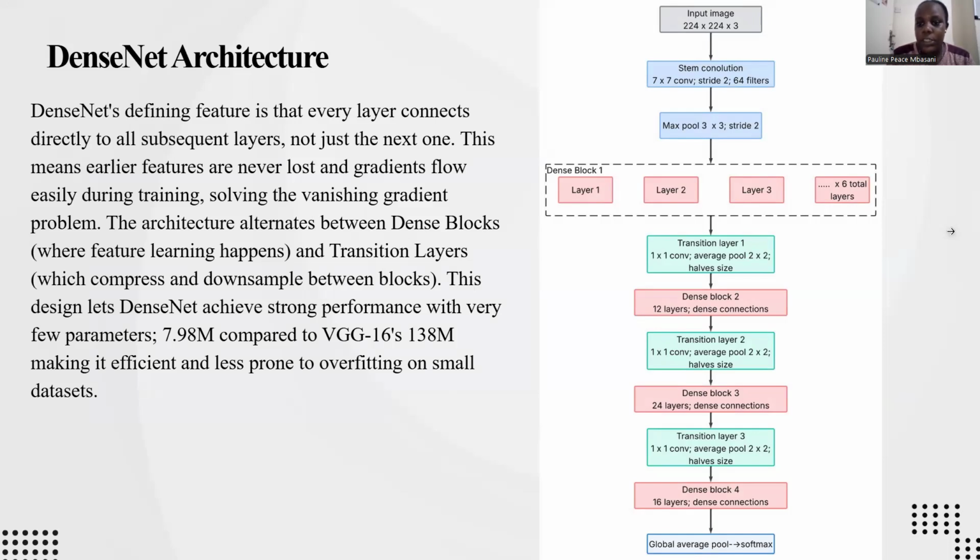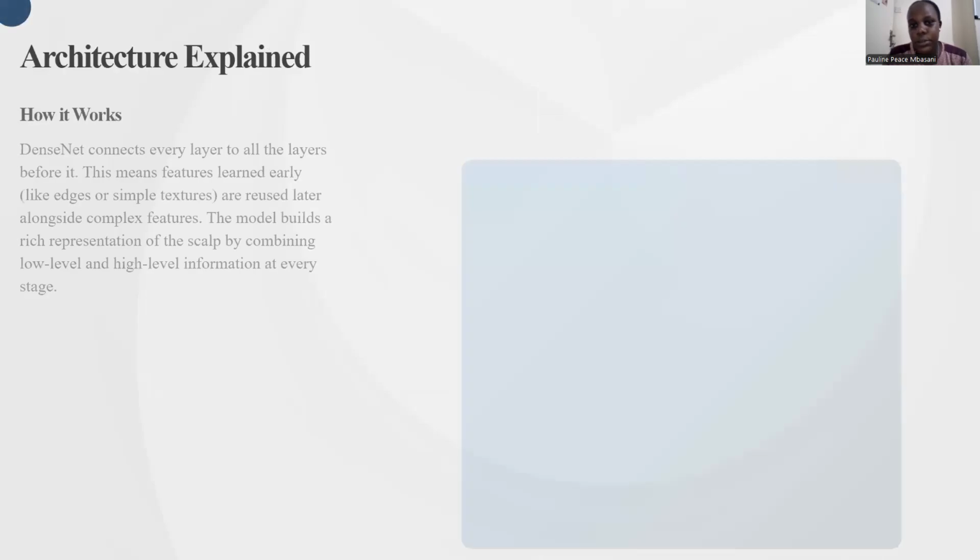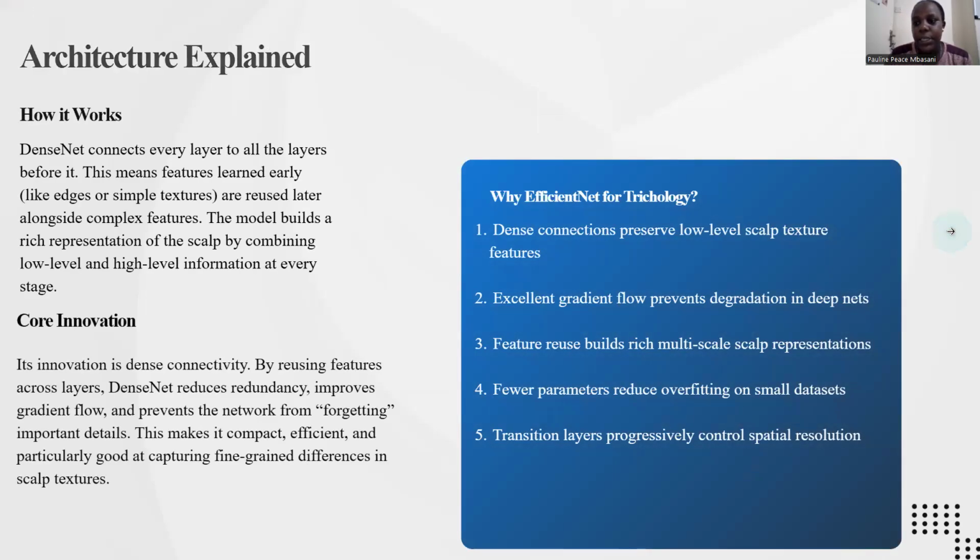Each transition layer has a 1x1 convolutional layer, and the four dense blocks have different numbers of layers. For example, the first has 6, the second has 12, the third has 24, and the last has 16. They're separated by the transition layers. And this is the architecture explained.